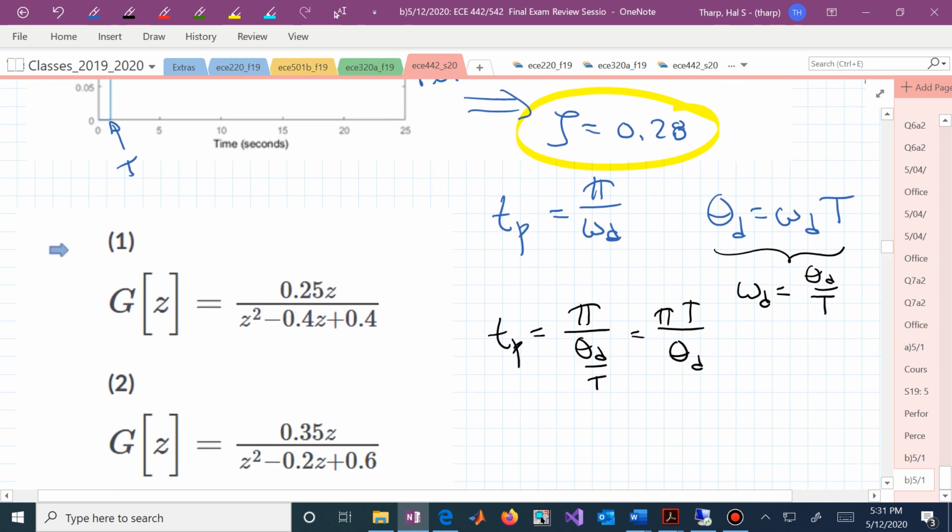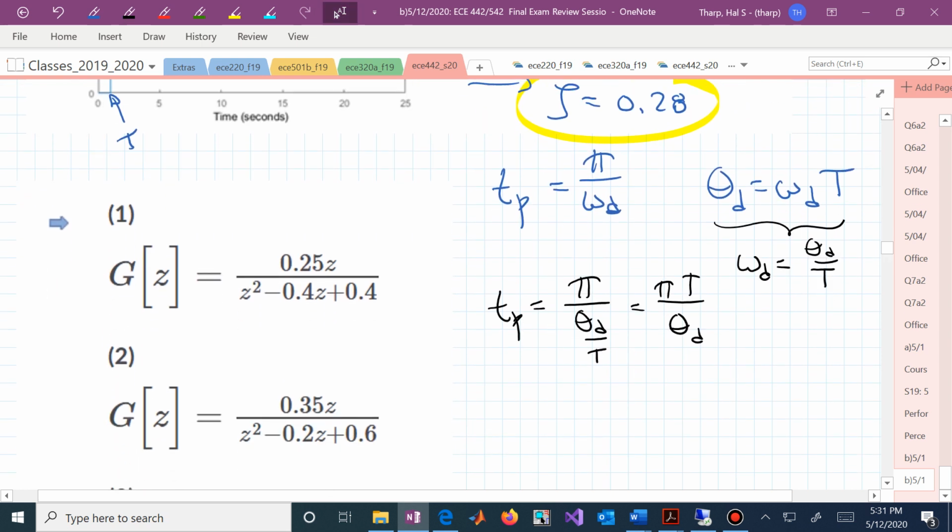That's our relationship between time to peak and theta sub d. If we have 2T for our time to peak, we can cancel the T's and we can see that theta sub d is now pi over 2, or that's 90 degrees. In radian measure, it's pi over 2.